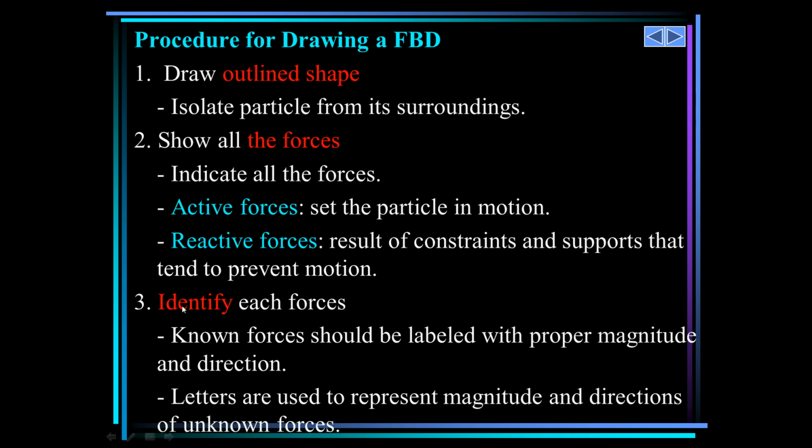The third step is to identify each force. Known forces should be labeled with proper magnitude and direction. Letters are used to represent the magnitude and direction of unknown forces.